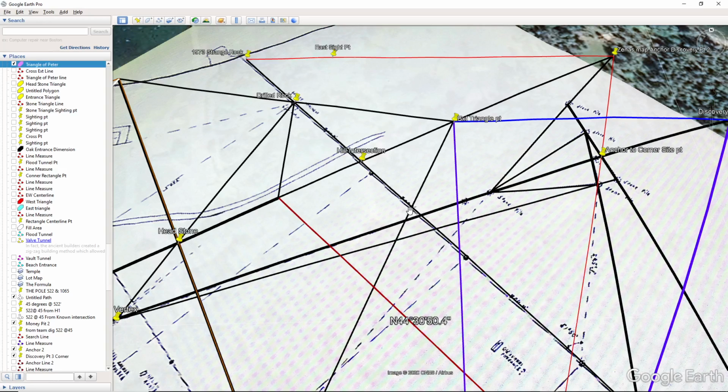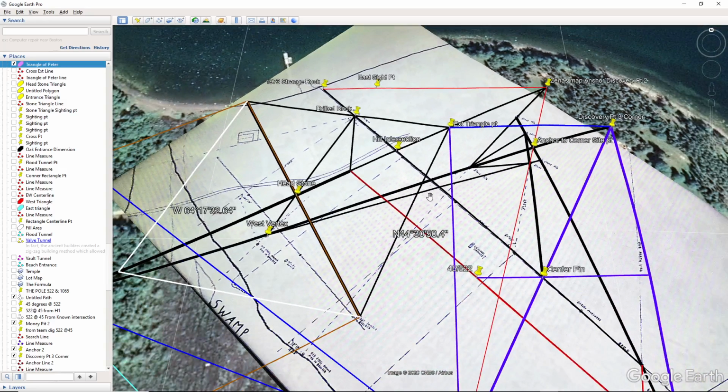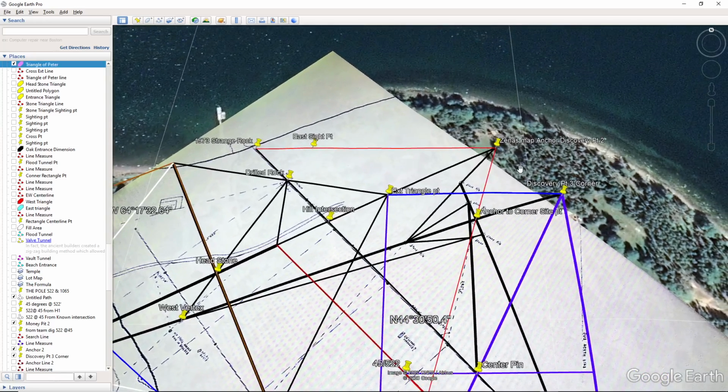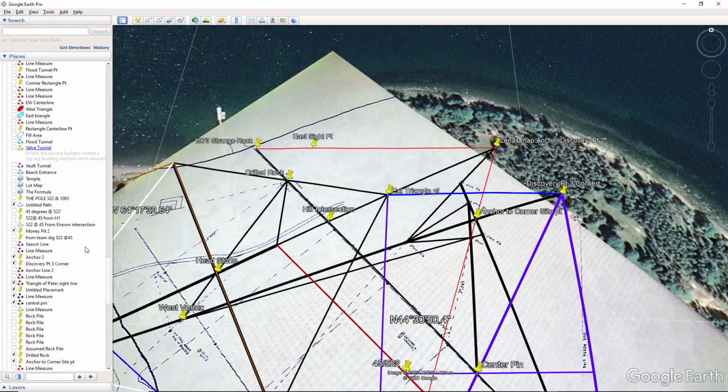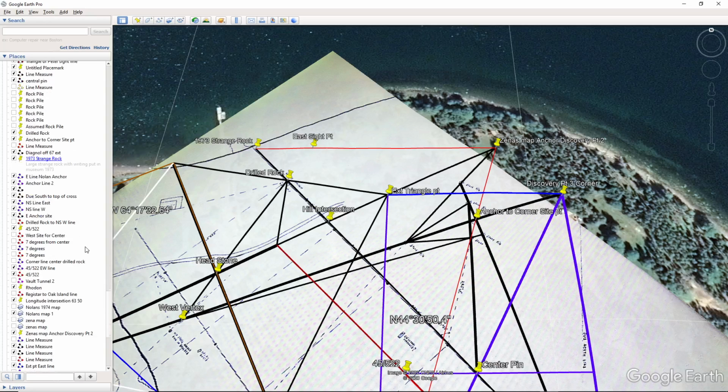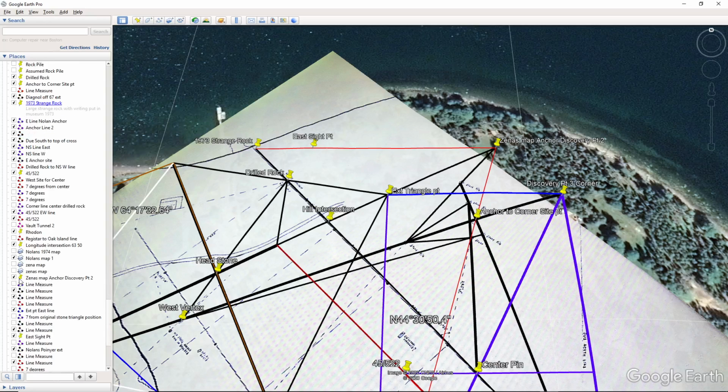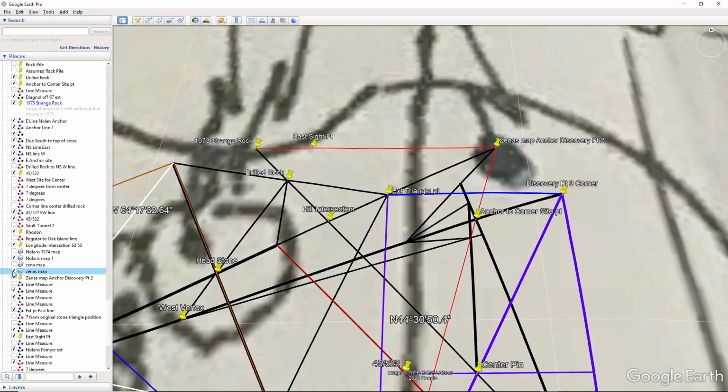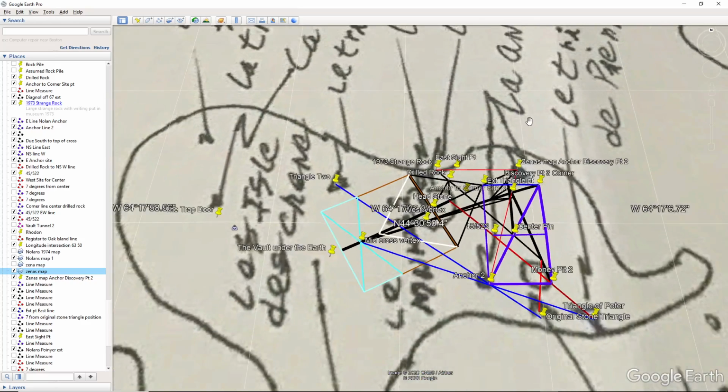we're not quite sure, but my theory is that this is extended out to here, and this right here, if we pull up Zena Halpern's overlay, let's see if we get this right. Yeah. This is where the second anchor is.